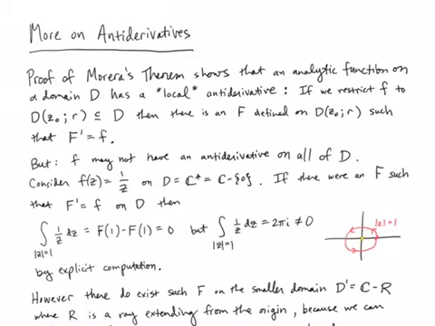And it's pretty easy to see that there can't be an antiderivative on all of this domain for 1 over z. The way you can do that is integrate around the unit circle and compute that integral two different ways.